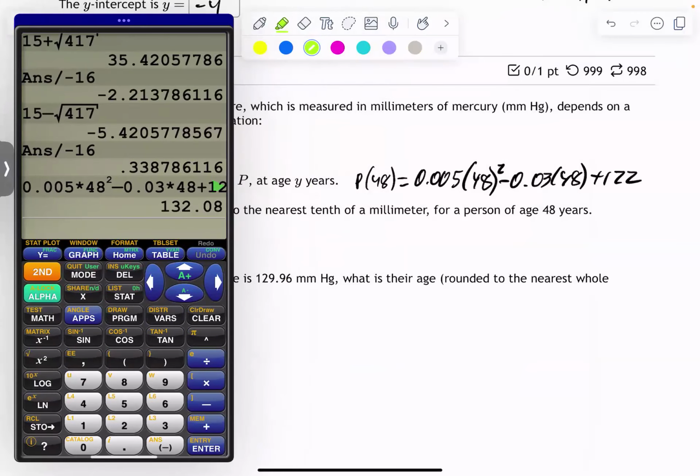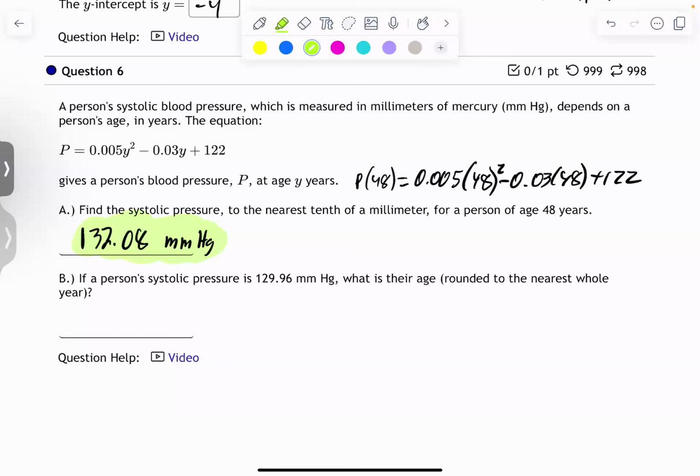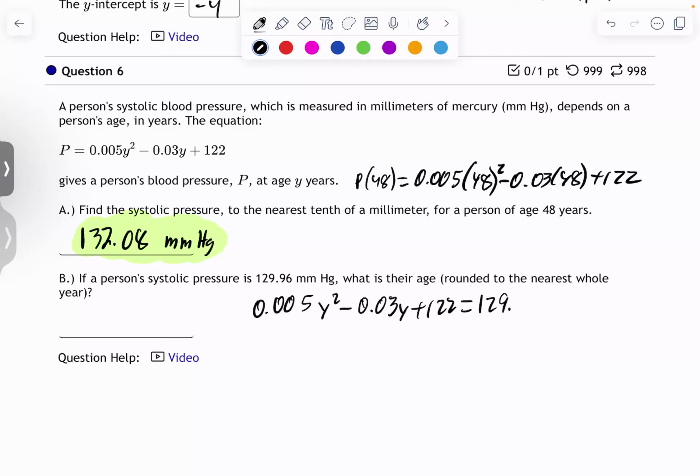And we're going to round to the nearest whole year. So basically what we're saying is 0.005 y squared minus 0.03 y plus 122. We want to know when that equals 129.96.